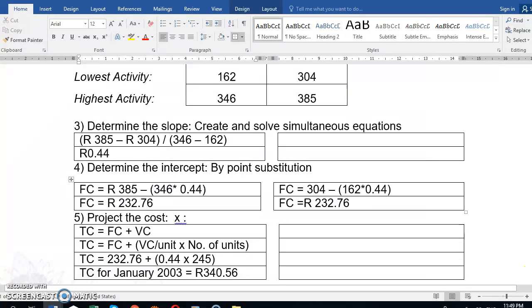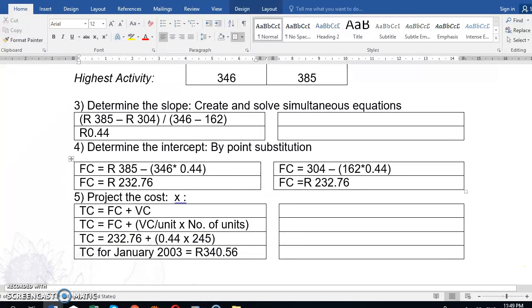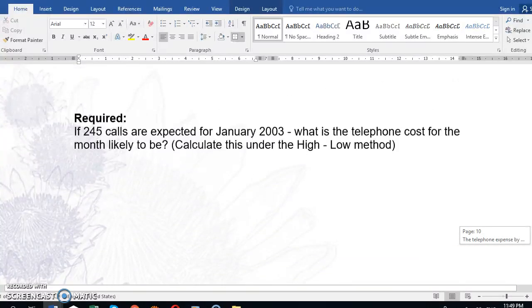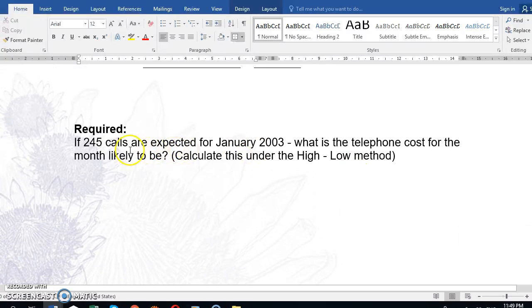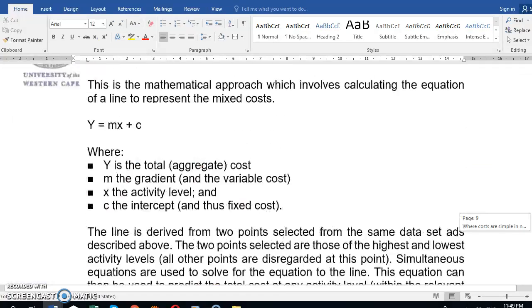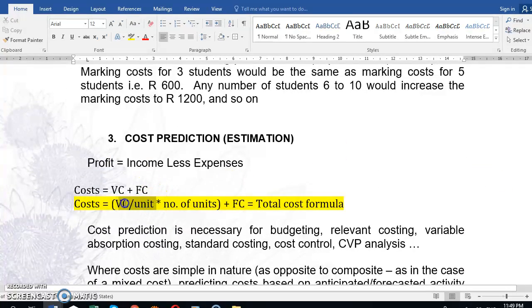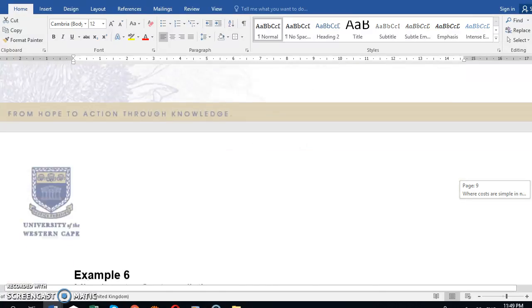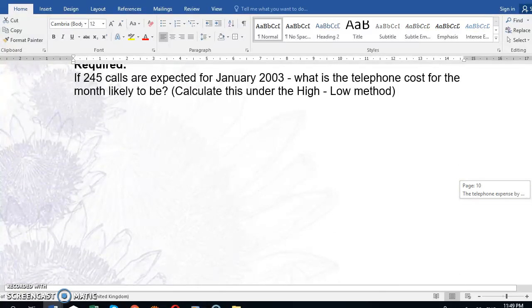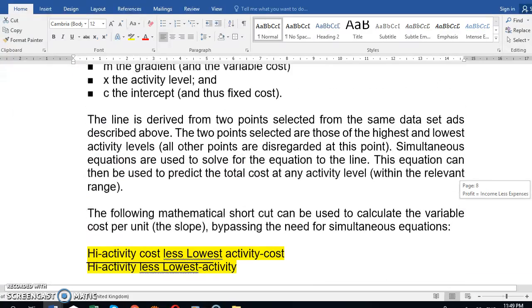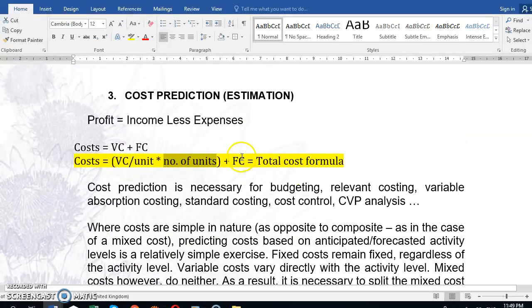Now that we have the variable cost and the fixed cost, we can apply it to the January calls of 245. Remember, we have a variable cost of 44 cents, the calls will now be the January calls of 245, and the fixed cost will be the 232, which is what we've calculated.